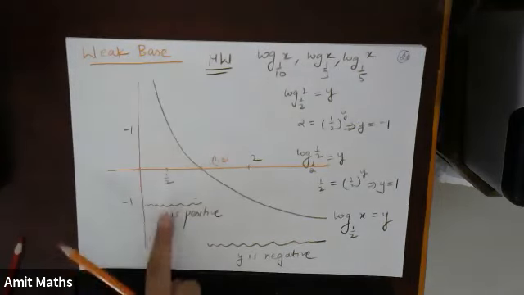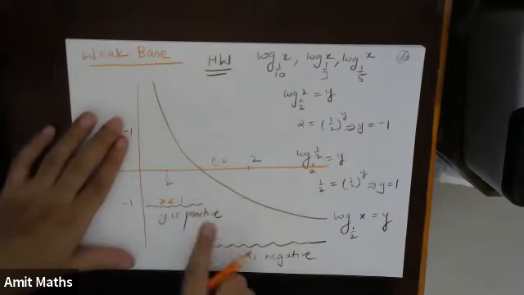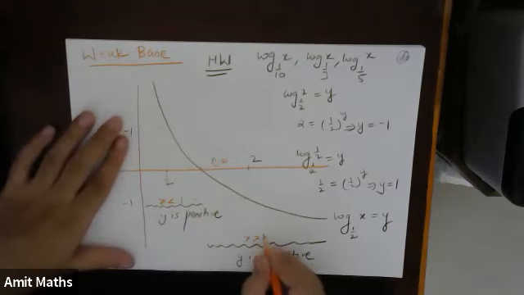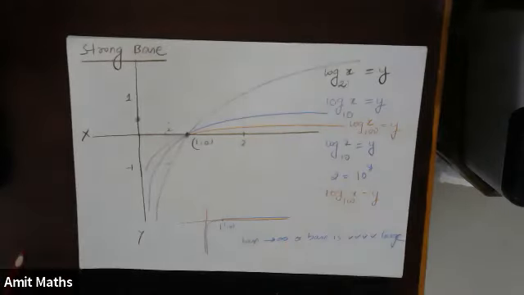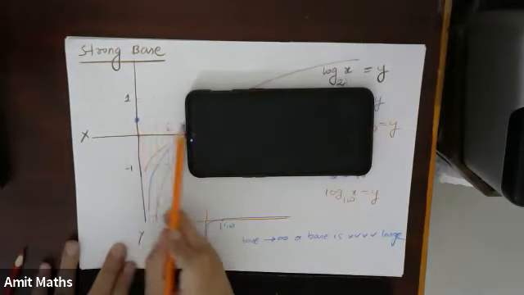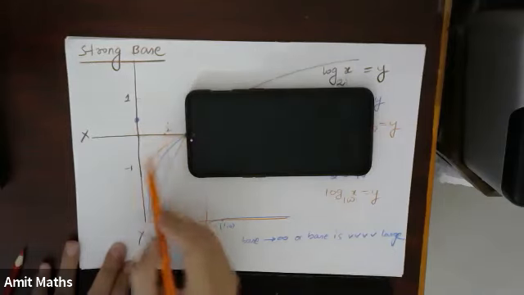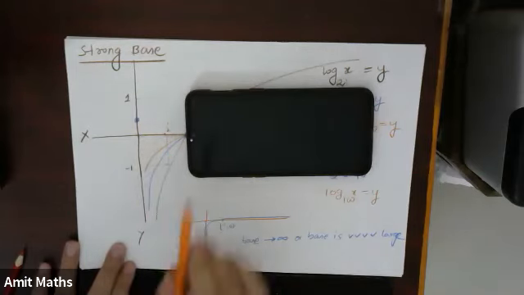So for x less than 1, y is positive, and for x greater than 1, y is negative. Now for strong base, if I hide this part, when x is between 0 and 1, y is negative. For all cases, no matter what the base is, but the base should be strong.